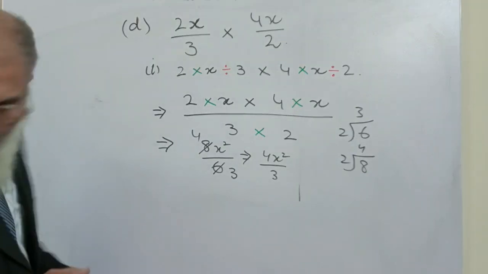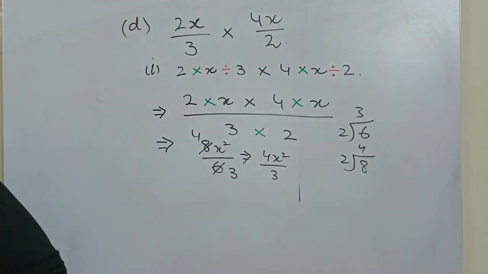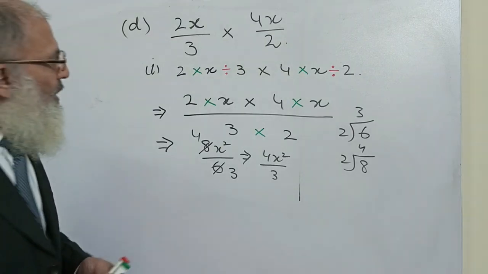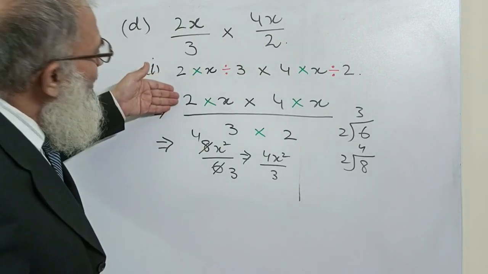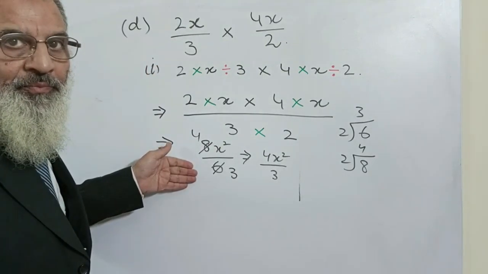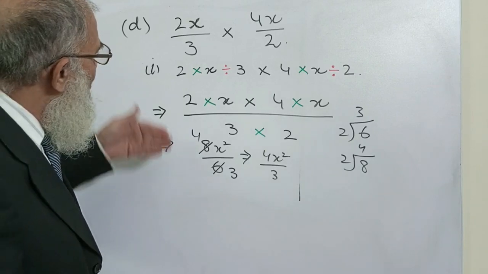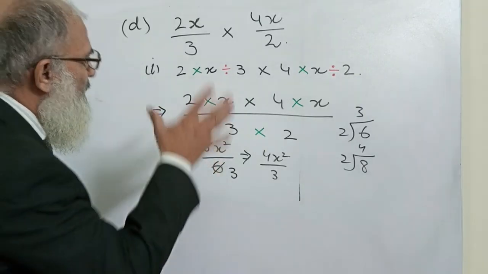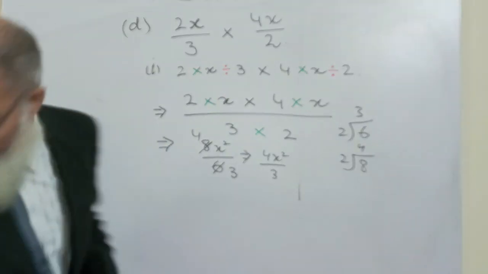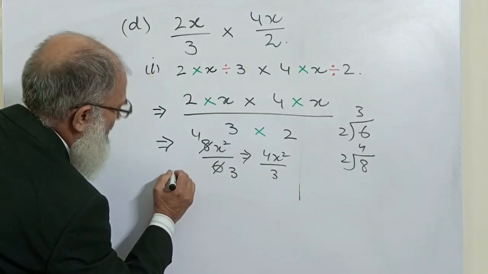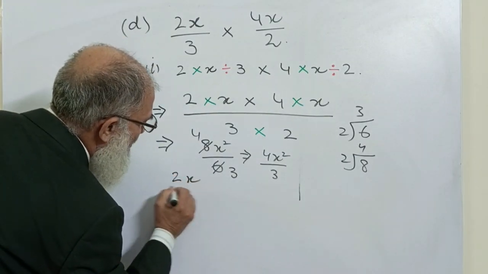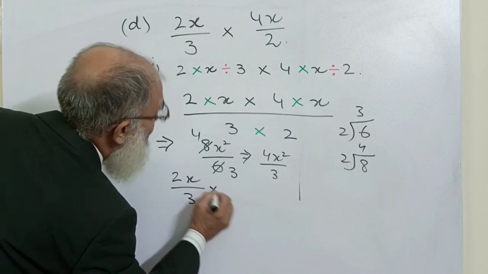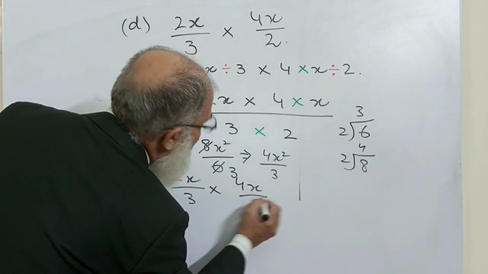Now the other method, and the other method is cancel first then multiply. Now it was multiply first then cancel, and in the next part we are going to cancel first and then multiply. It is the same, 2x divided by 3 multiplied by 4x divided by 2.